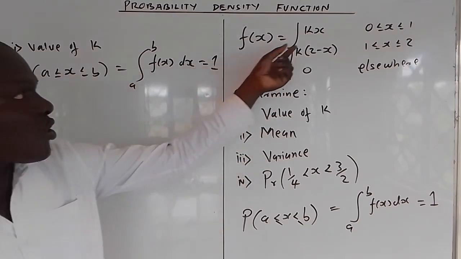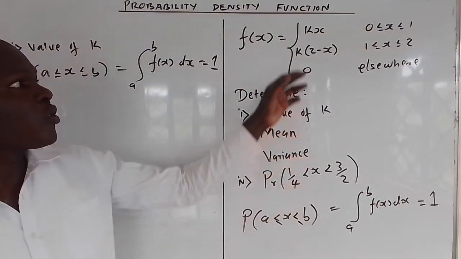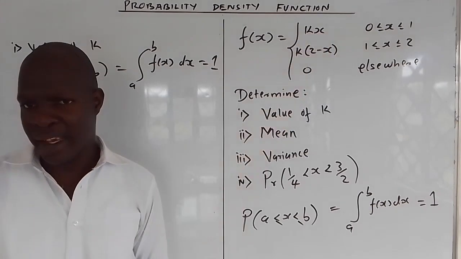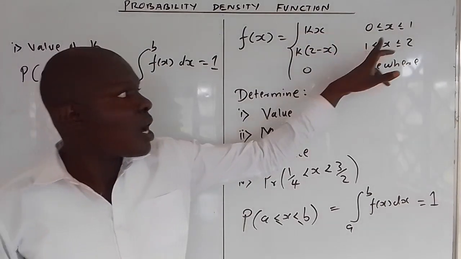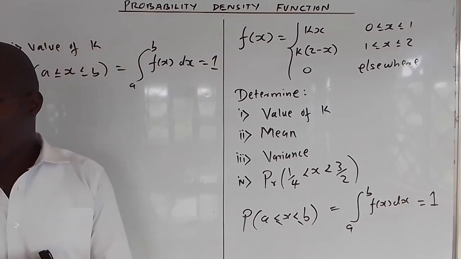So for the first interval, from 0 to 1, we take f of x to be kx. Then from 1 to 2, we take f of x to be k into 2 minus x.